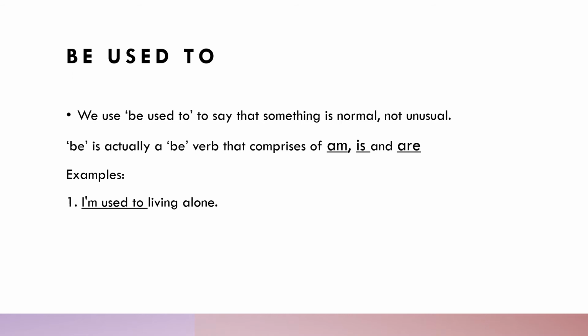The be verb here is the word am, from I am. So when we have the be verb am and we have used to, immediately after the word to, the verb must have ing, or gerund: living. To living alone.